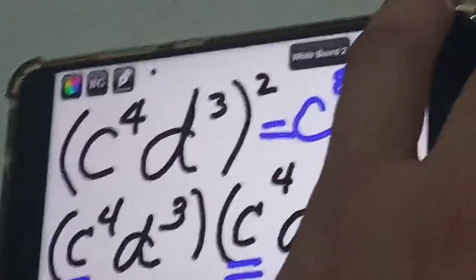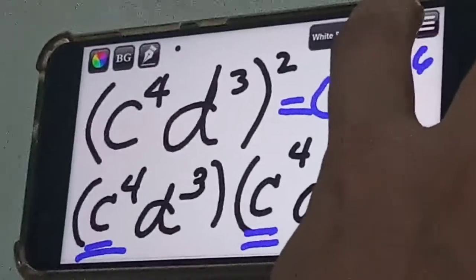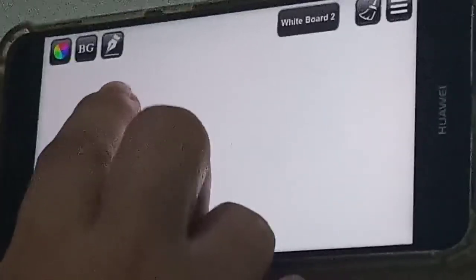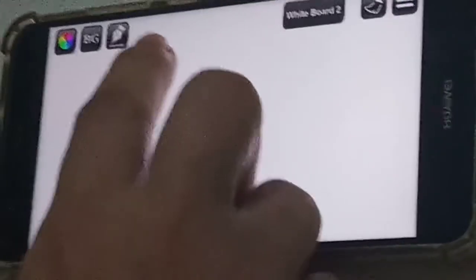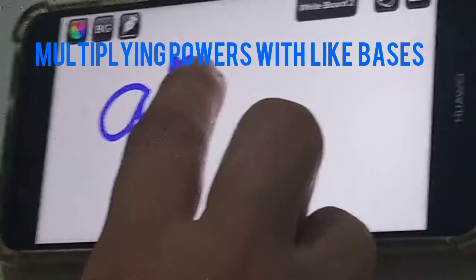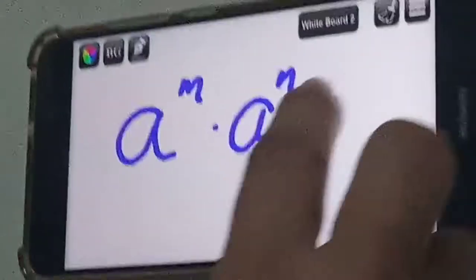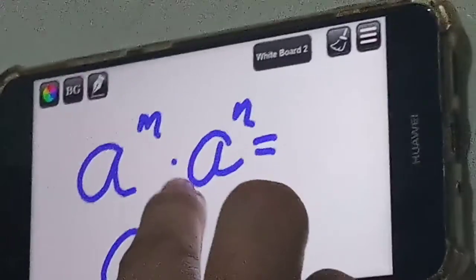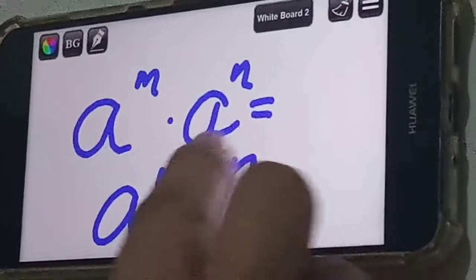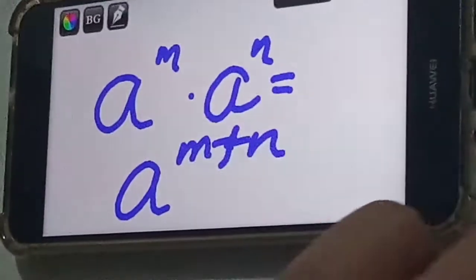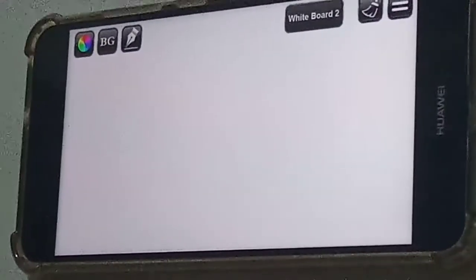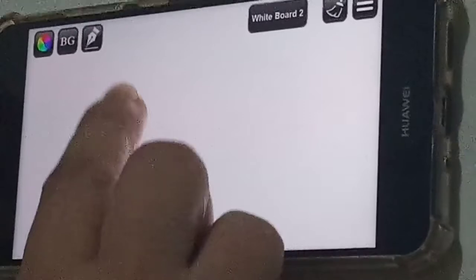Okay, let's recall again the 3 laws of exponents for multiplication. The first one is multiplying powers with like bases. So just simply add the exponents. That's the first one. Okay. The second one is raising a power to a power.